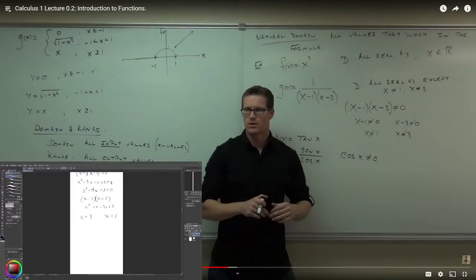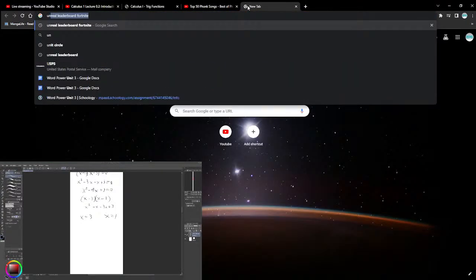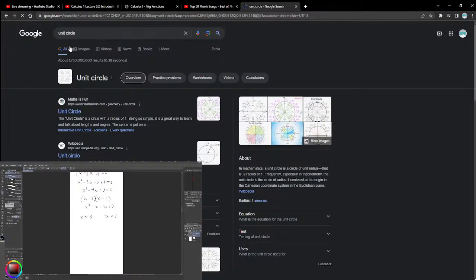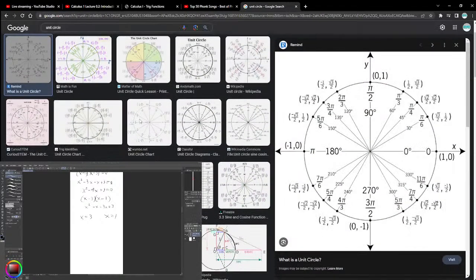What is it? Pop the unit circle. So we got pi over 2.